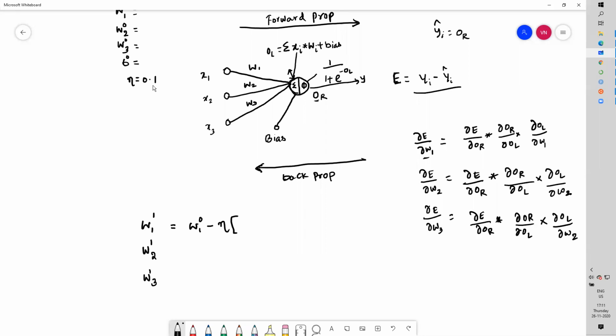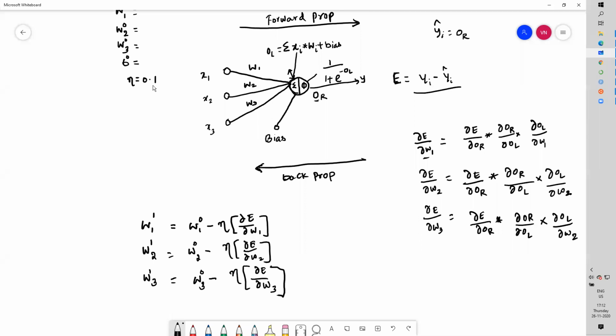For updating the weight W1, we use the gradient dou E by dou W1, and for W2 at 0 minus eta times dou E divided by dou W2, and W3 at 0 minus eta times dou E divided by dou W3.